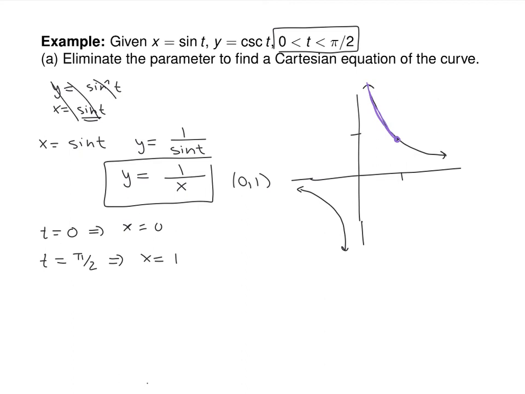And the other question is, what is the direction of this curve? Well, from 0 to pi halves, think about what happens to the sine coordinate, which is the x-coordinate. The sine coordinate begins at 0 and goes to 1. So the x-coordinate begins at 0, goes to 1. That means you're tracing this curve down.